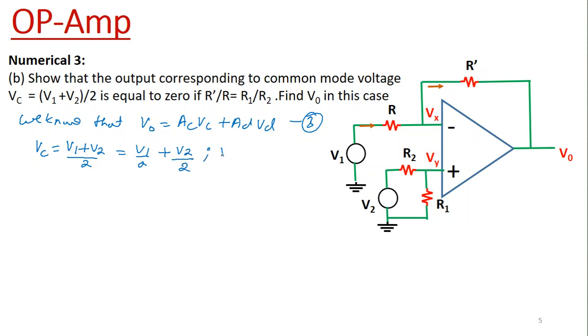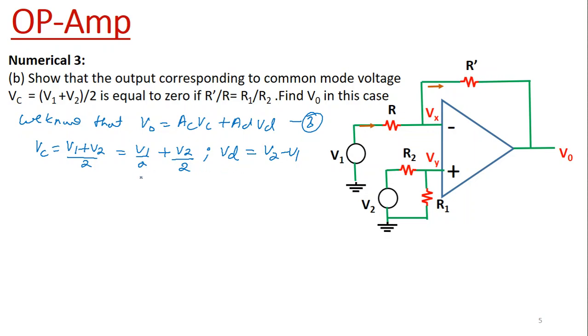And differential voltage VD is equal to V2 minus V1, since V2 is applied at the non-inverting terminal and V1 is applied at the inverting terminal. So we write V2 minus V1 is equal to VD.